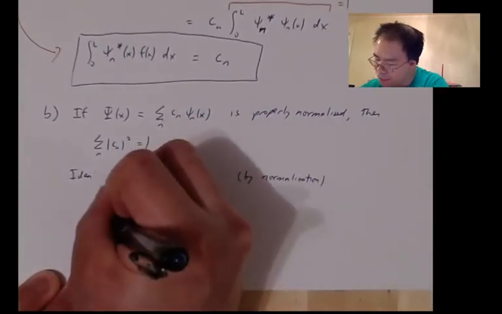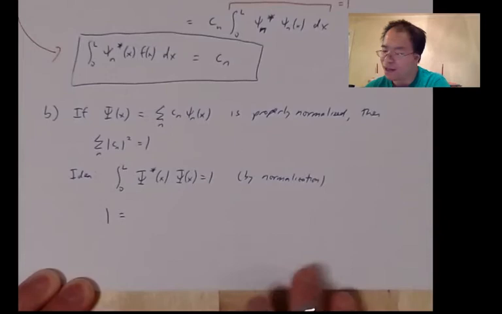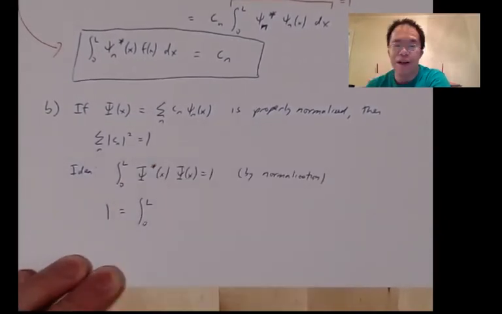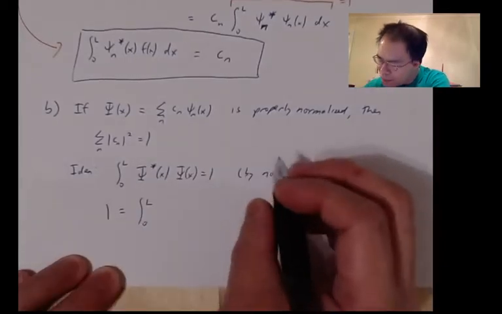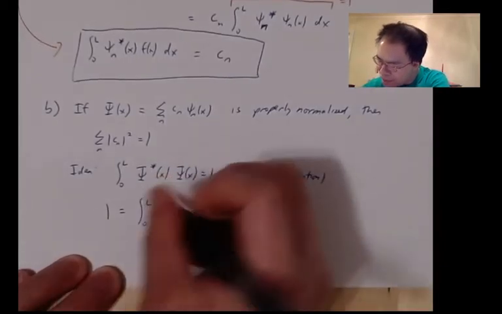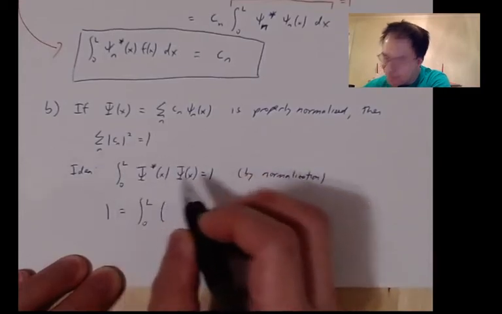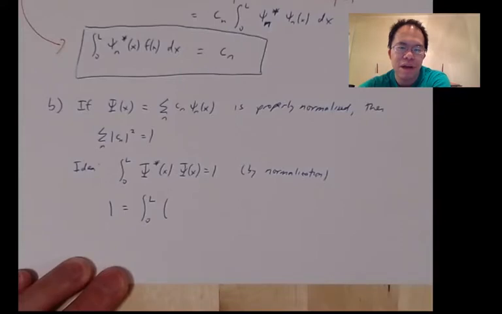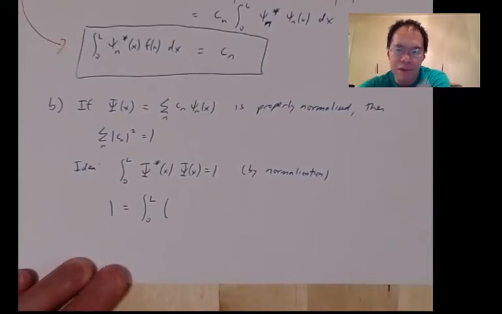So I'll say we know that 1 equals my integral from 0 to L, and I'll write this psi of x star. Now I have to pick an index to use here. The index I use is arbitrary because I'm ultimately summing over it.